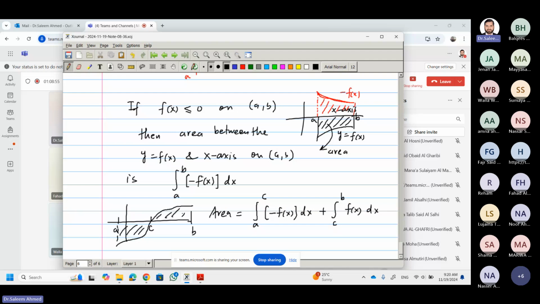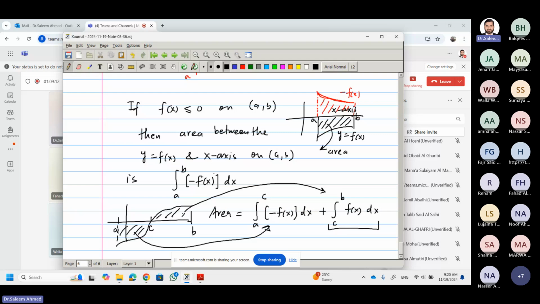So this is the correction for this part, and this part comes directly, no problem. Agree? So if your function is changing sign within the interval, you have to break your integration at c.